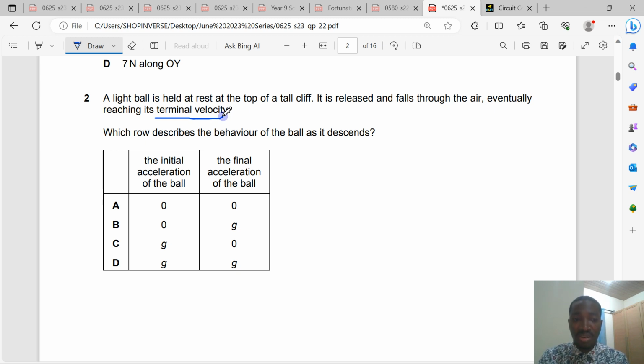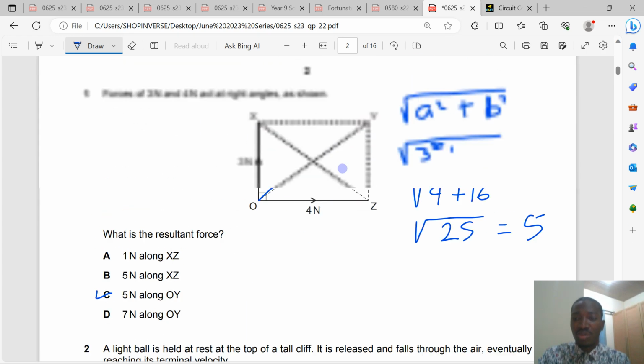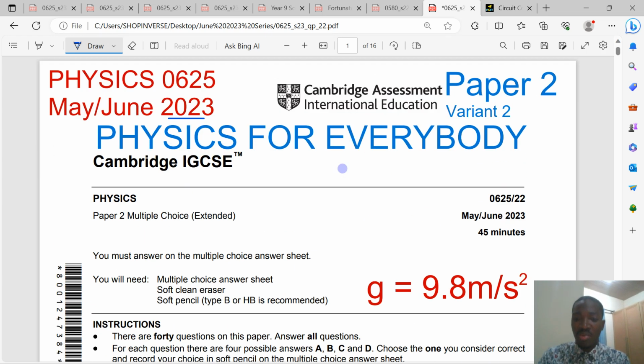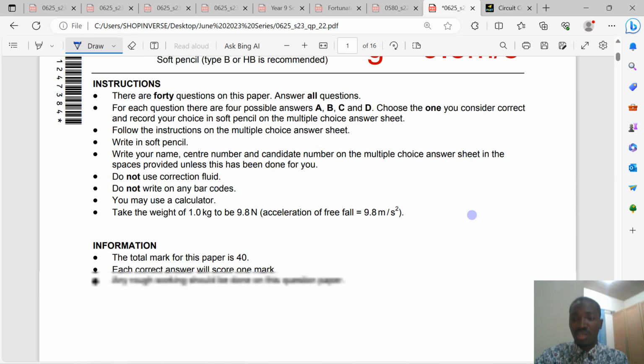So is the initial acceleration 0? No. When you release an object, the initial acceleration will be the acceleration due to gravity, 9.8 meters per second squared. So the initial acceleration is not 0.